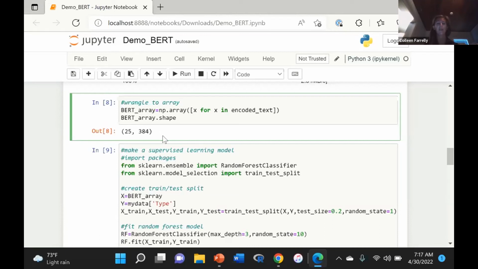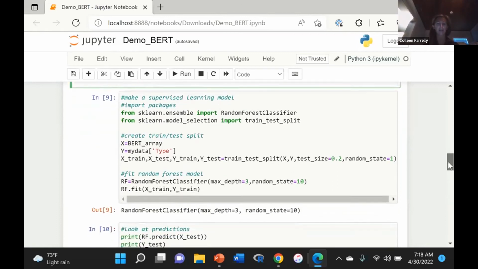This is typical in how BERT is mapped. So even if you have 20, 30, 40,000 different words in the text that you're looking at, you're only going to have a couple hundred components coming out, which is really helpful when you're training machine learning models.